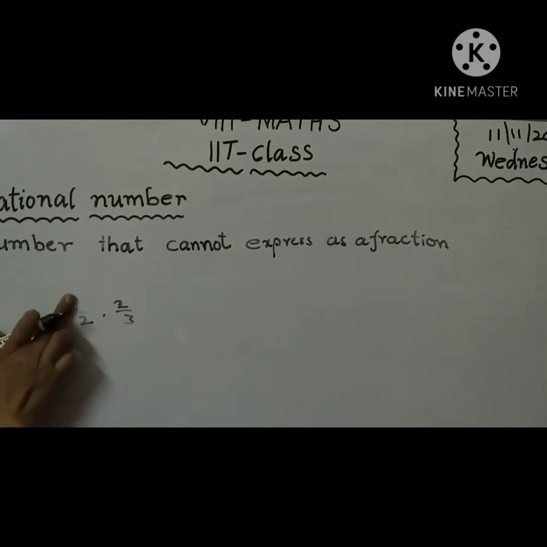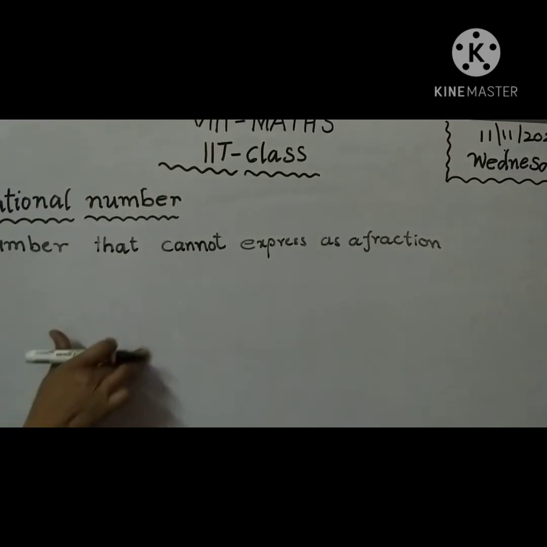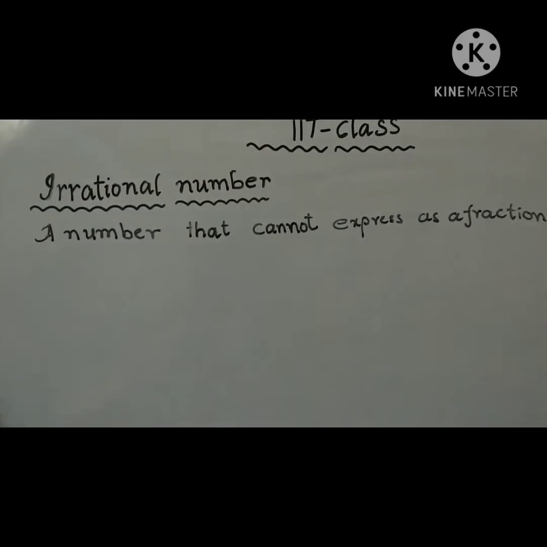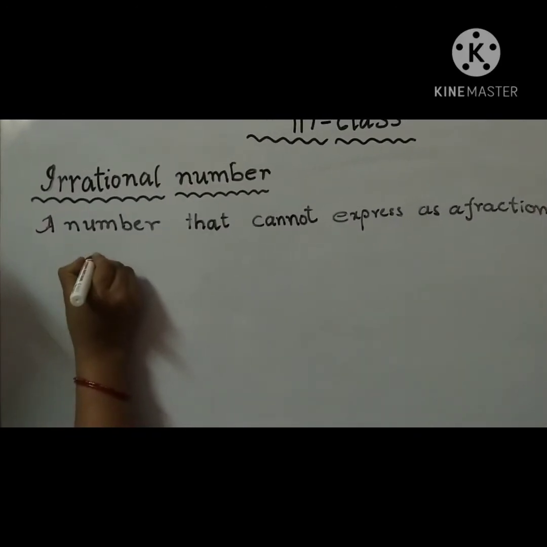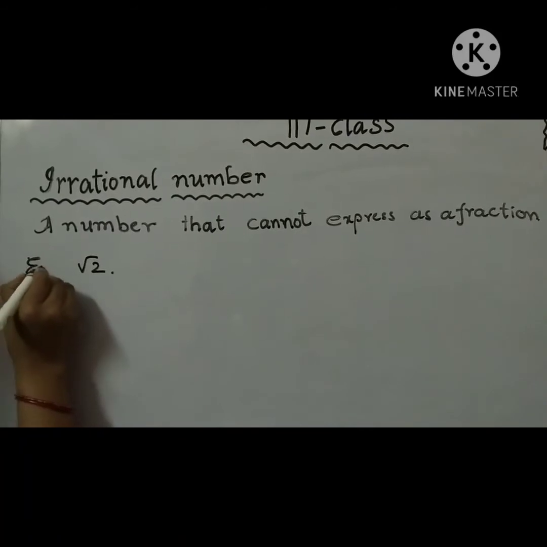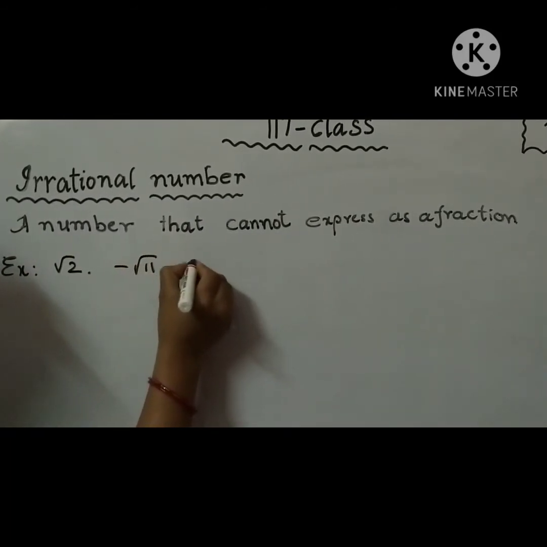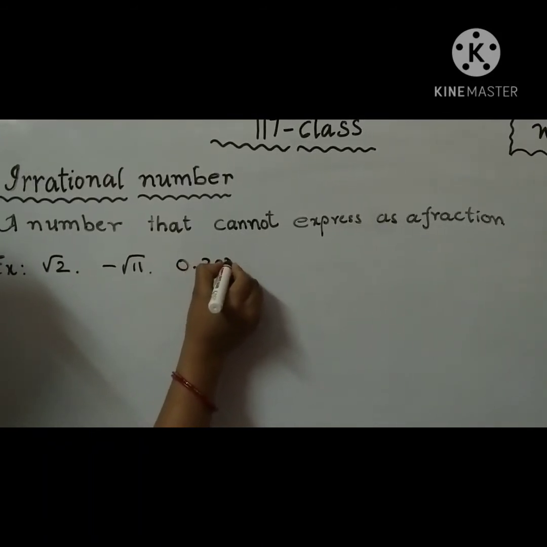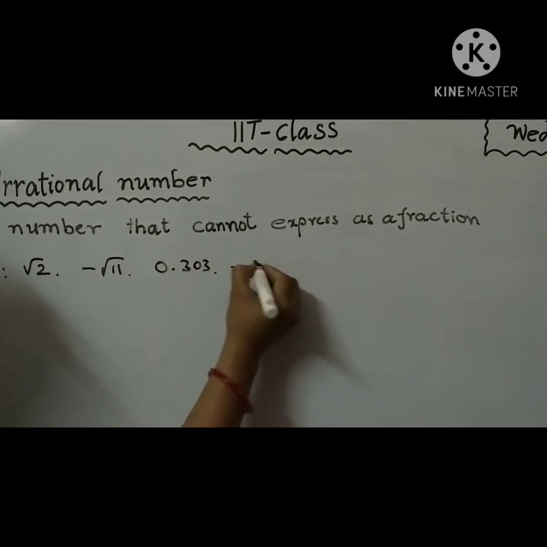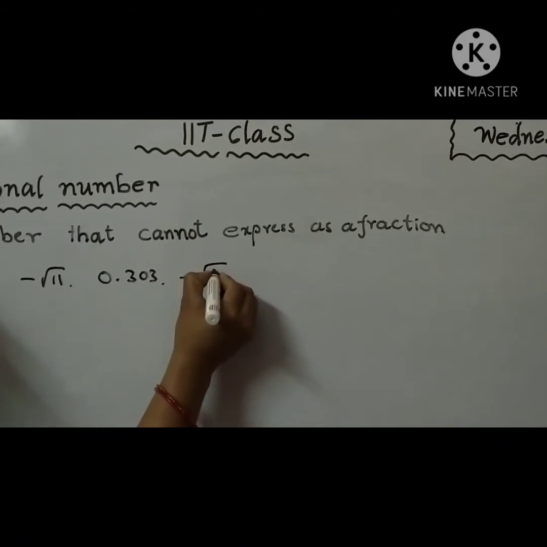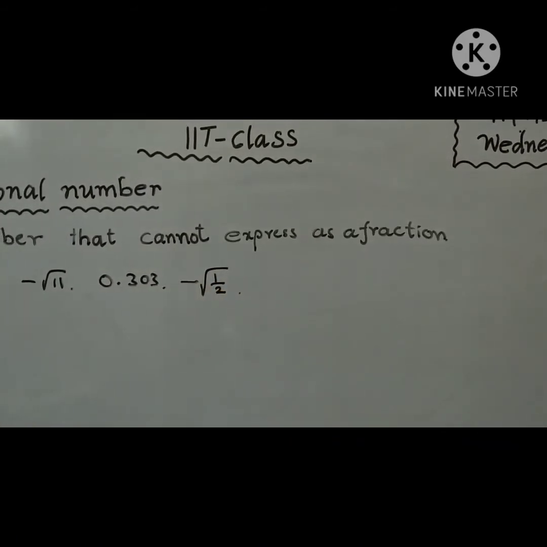For example, root 2, root 2 minus root 11, 0.303 and minus root of 1 by 2, like this.